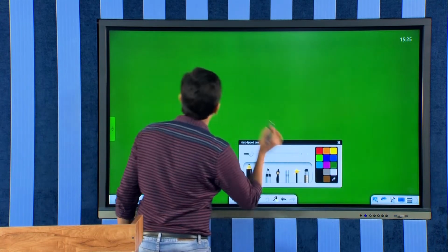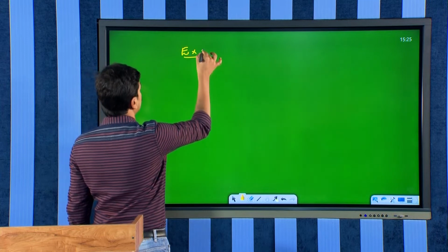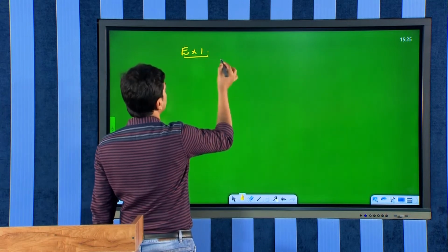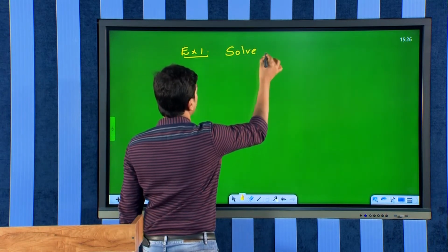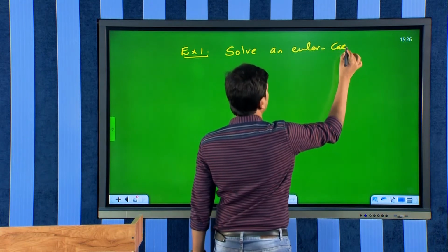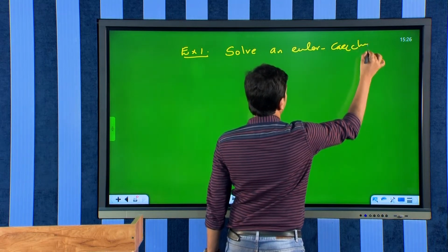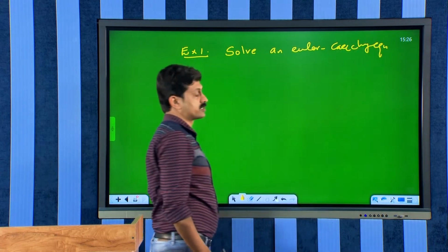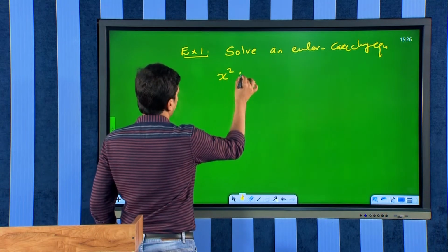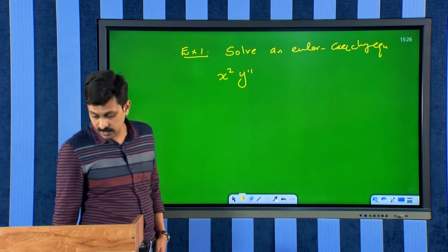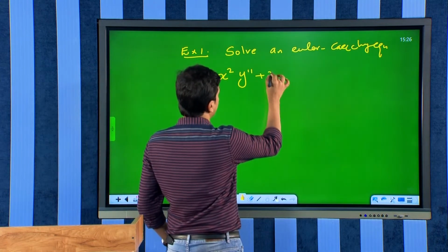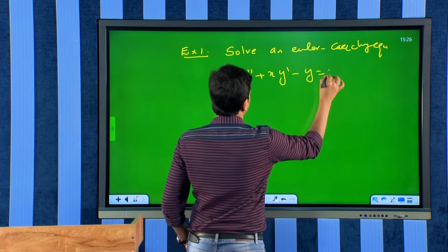So, see, write down a problem: solve an Euler Cauchy equation x square y double dash plus x y dash minus y is equal to 0.